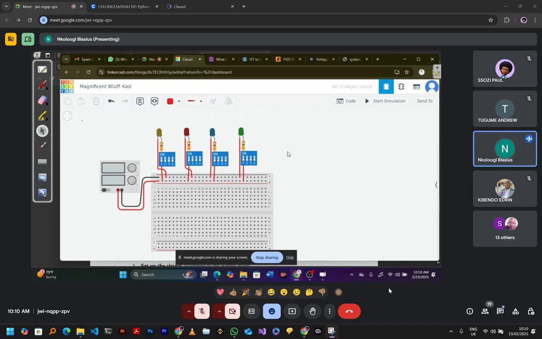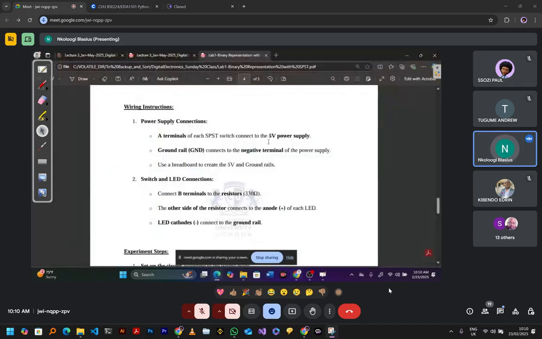So that is what I have so far. If I check this, I've connected the cathode of the LED to ground, I've connected the anode of the LED to the B terminals of the switches, but through a resistor.